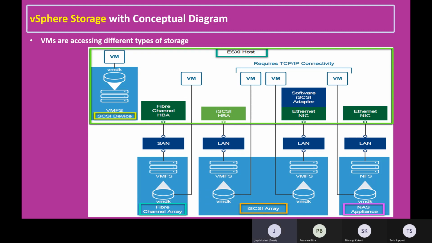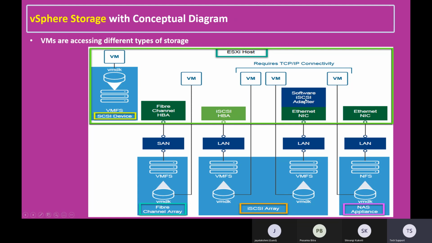For accessing any SAN storage, we need an HBA card. If you're accessing Fibre Channel storage, we need a Fibre Channel HBA. This is the model for Fibre Channel HBA. For iSCSI storage, we have two options: either we use an iSCSI HBA hardware card, or we configure a software iSCSI adapter.